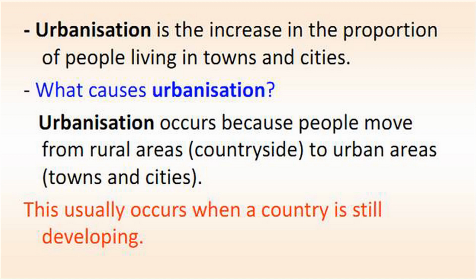What causes urbanization? Urbanization occurs because people move from rural areas, countryside, to urban areas, towns and cities. This usually occurs when a country is still developing.